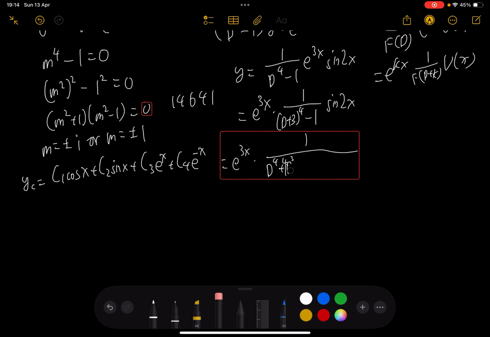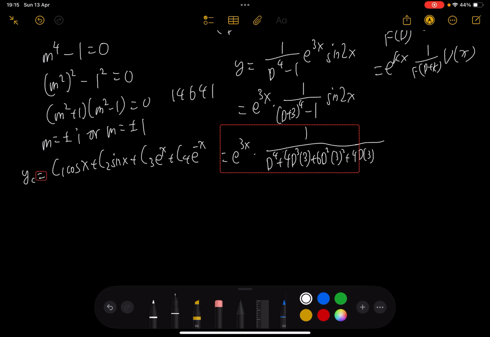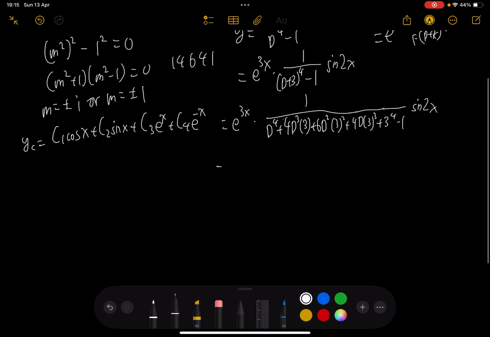So this is, let me write clearly. So this is positive 4, and then decrease the power by 1, and then times 3 to the power of 1, and then plus 6 times D square, and then this we are going to increase the power, and then plus another 4 times D, and then times 3 to the power of 3, and then the last term, which is 3 to the power of 4 and then minus 1, and then times sine 2x like that.